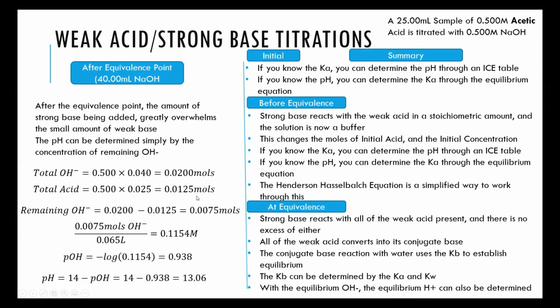You already know that there is 0.0125 moles of acid, and you added 0.02 moles of base. So by subtracting them, you realize that there is 0.0075 moles of OH minus additional after everything has been reacted.